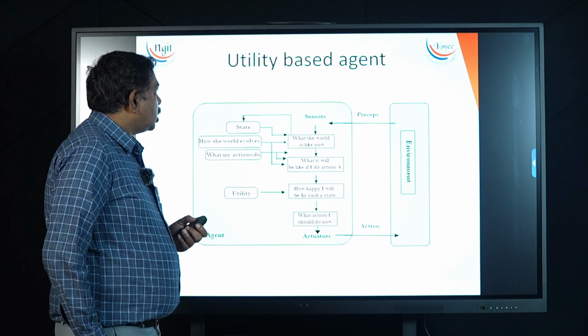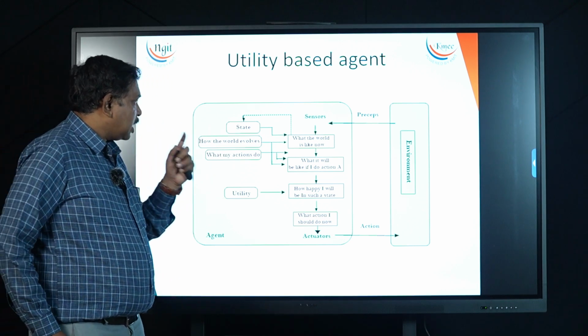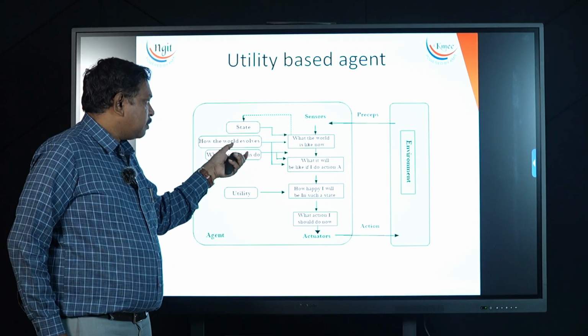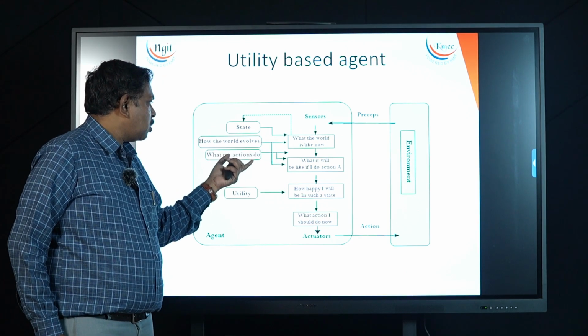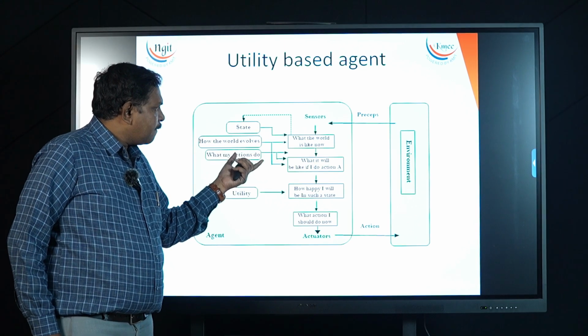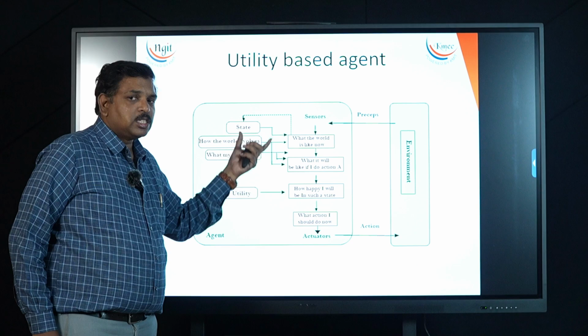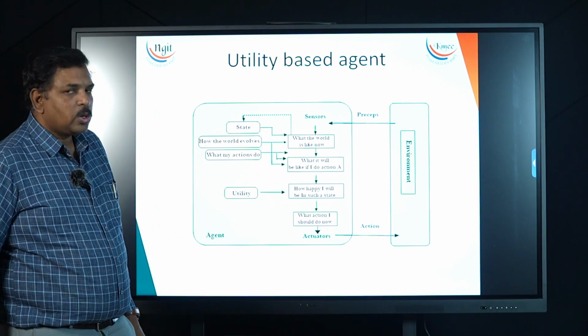Another one, utility based agent. These kinds of agents sense the environment and do calculations. What shall I do? If I do this action, what will happen in the world? For all the actions that these agents perform in the environment, they rely on one utility.